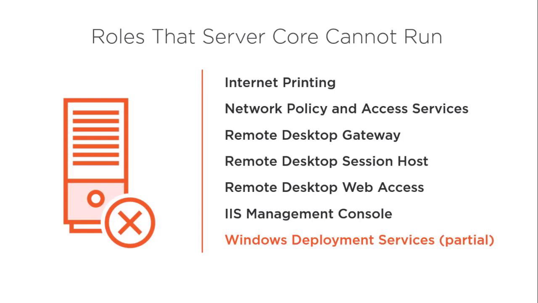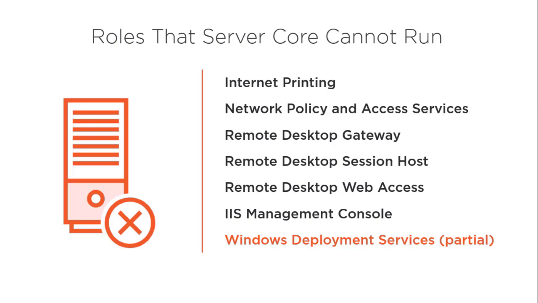Roles that Server Core cannot run. These are some roles which cannot be run if we install Server Core: Internet Printing, Network Policy and Access Services, Remote Desktop Gateway, Remote Desktop Session Host, Remote Desktop Web Access, IIS Management Console, and Windows Deployment Services partially. These are services offered by Windows Server 2019.